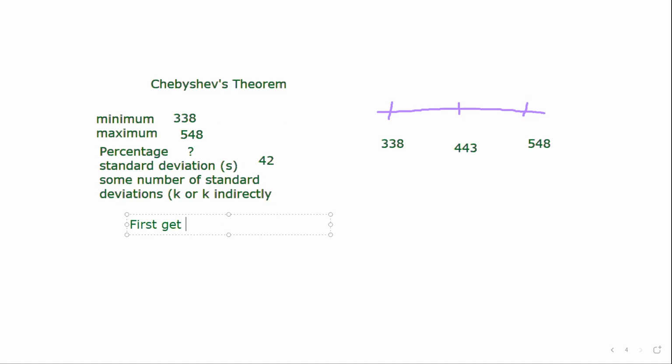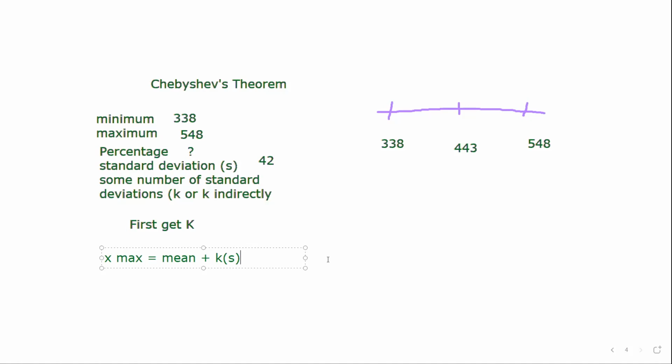All right. So you can either use the max or the minimum formula. You can either use X max is equal to the mean plus K times S. I forgot to put the mean on this list.